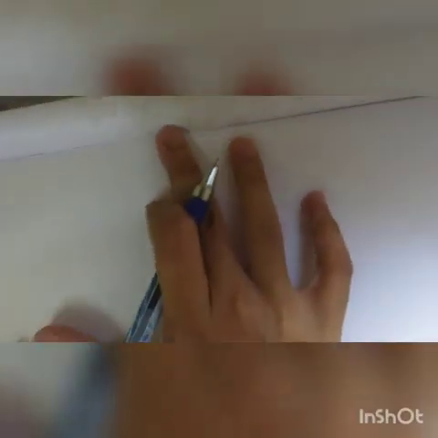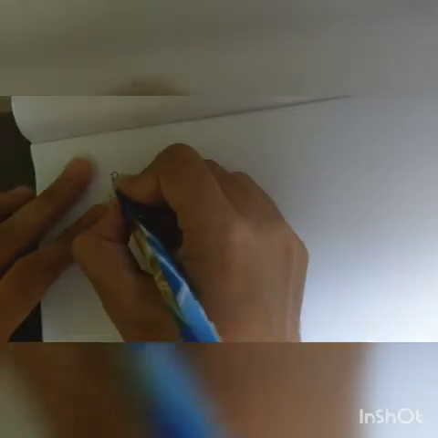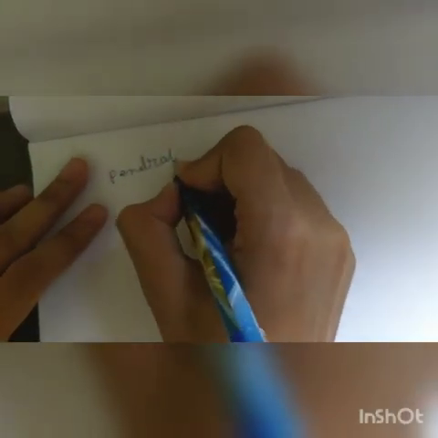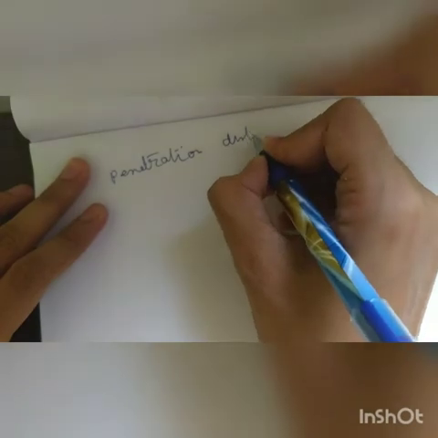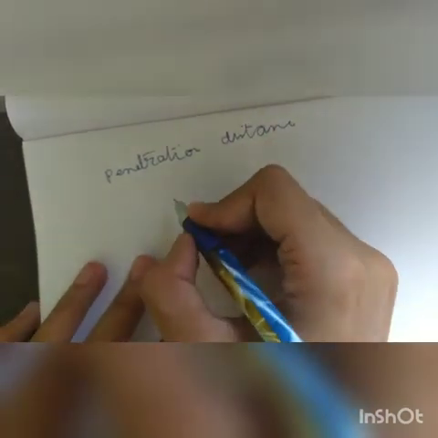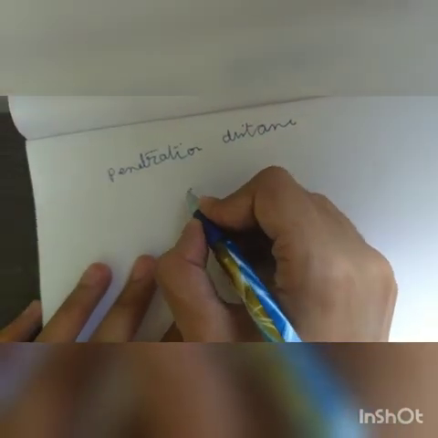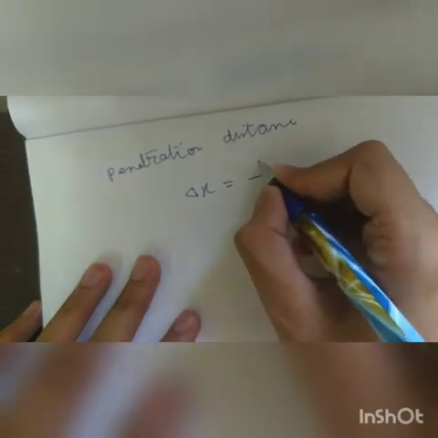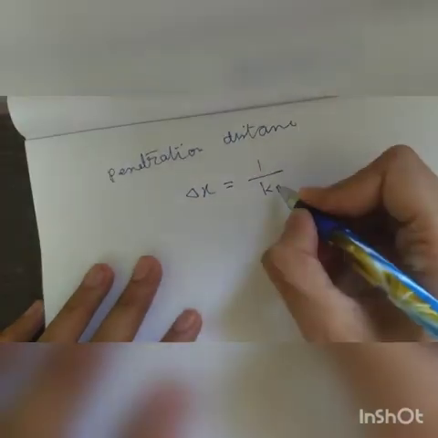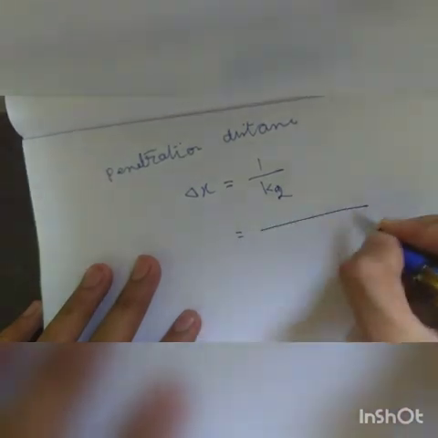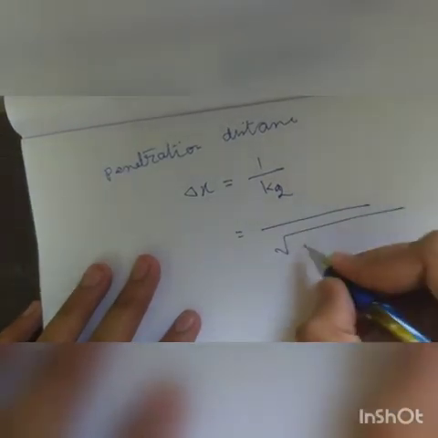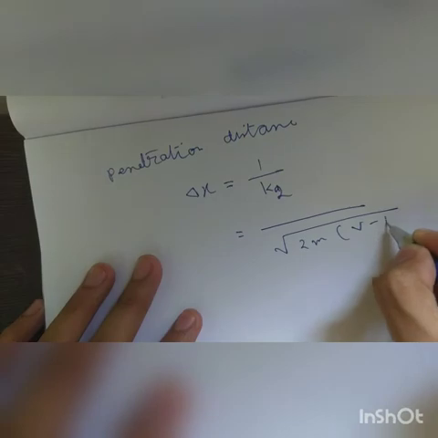One more thing we'd like to discuss here: if it is possible to find a particle in that region, why don't we in the macroscopic world find that particle in that region? There is one other term, that is penetration distance. From some more calculation, we'll find that delta x is 1 upon k2, where k2 depends on V0 as we had calculated before.